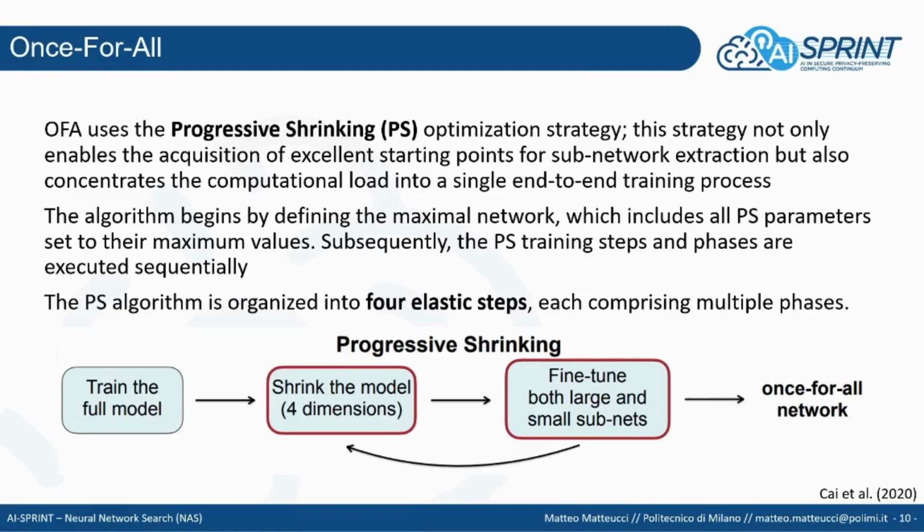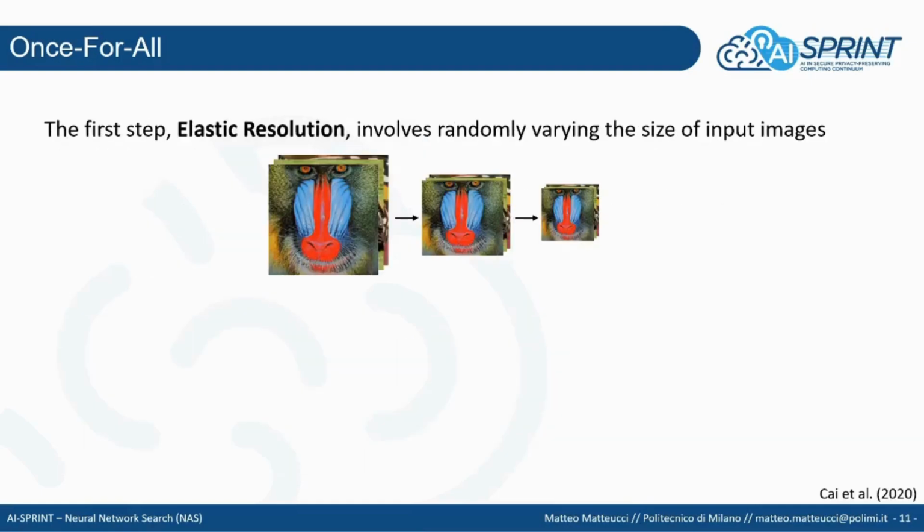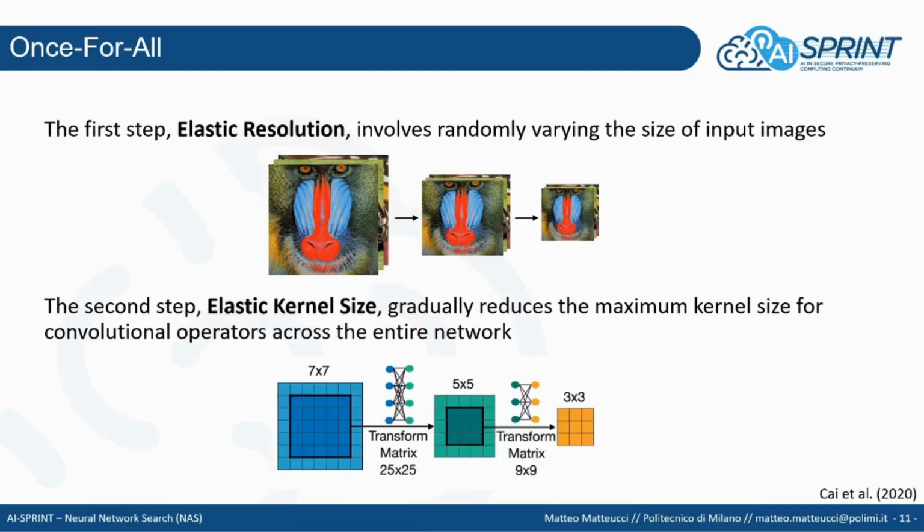The progressive shrinking is organized in 4 elastic steps. Each of them includes different phases. The first step is elastic resolution. So while learning the supernet, progressive shrinking tries different sizes of the input image.